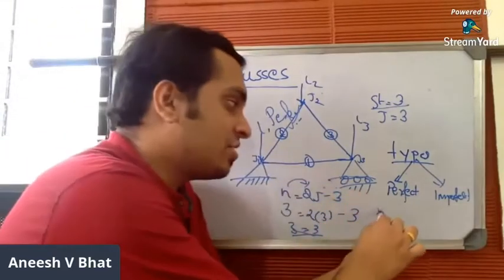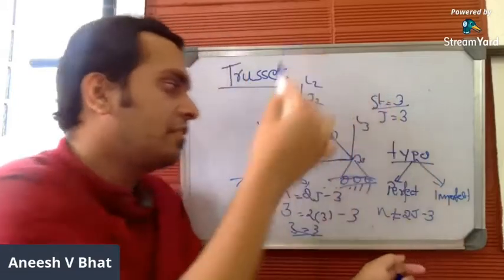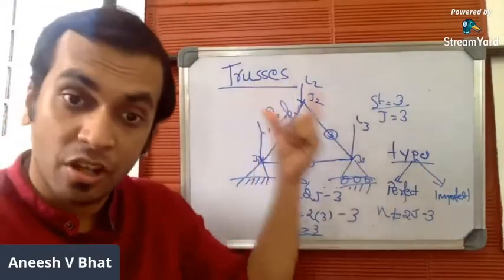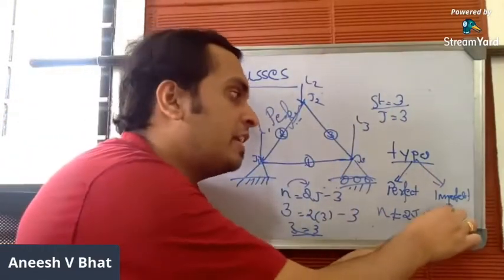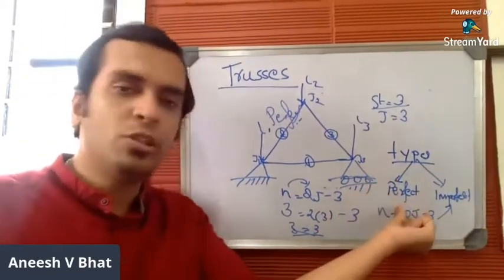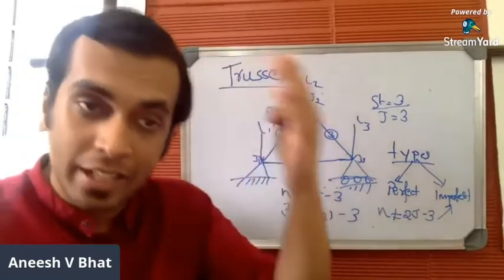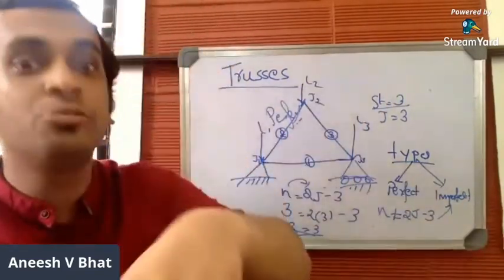If n is not equal to 2j minus 3, then it will be imperfect. When n is not equal to 2j minus 3, two more cases arise. n can be less than 2j minus 3 or n can be more than 2j minus 3.